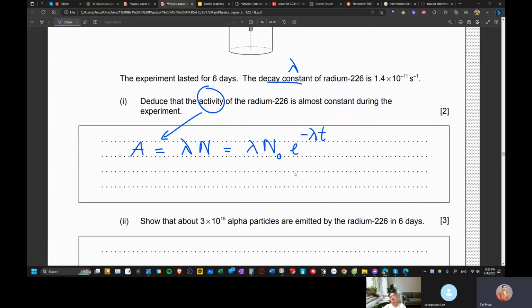We are proving that this activity over the time t, which is 6 days, is almost the same as the initial activity.